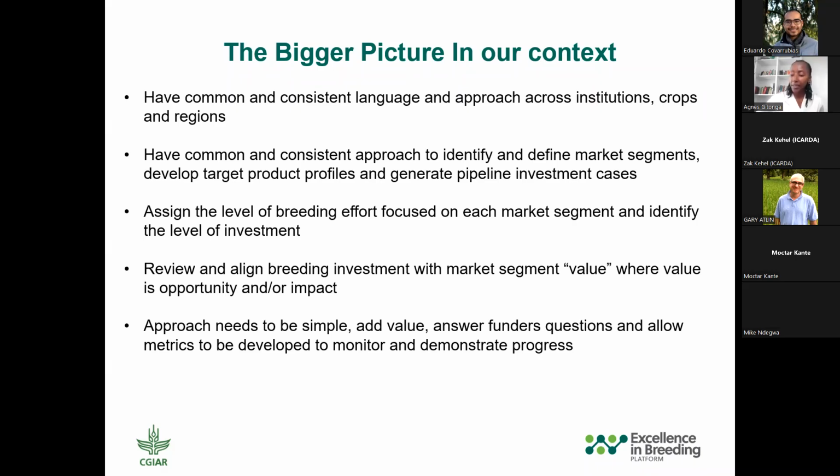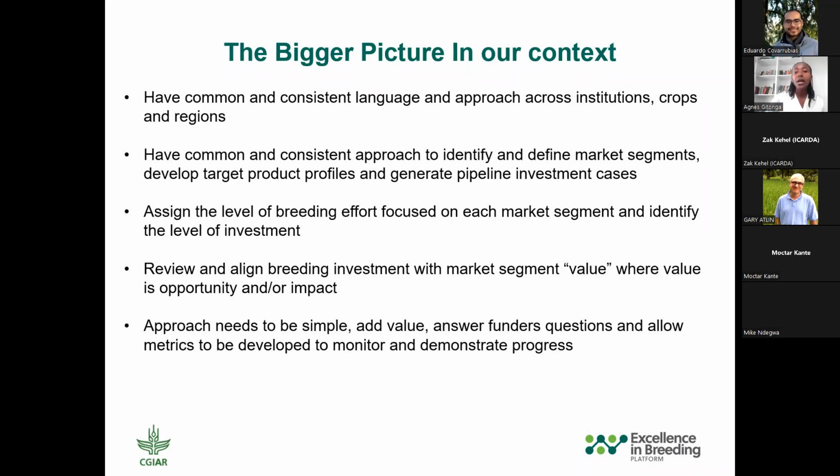With regards to the CGIAR 5 impact areas, from the market segments that we've been able to identify, one of the objectives in the bigger picture is to show value per market segment and to scope the opportunity or impact, and link that with the breeding investment cases.